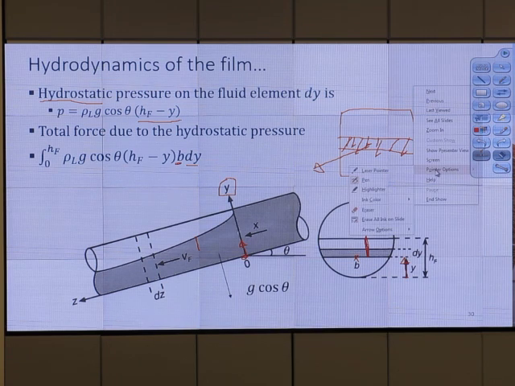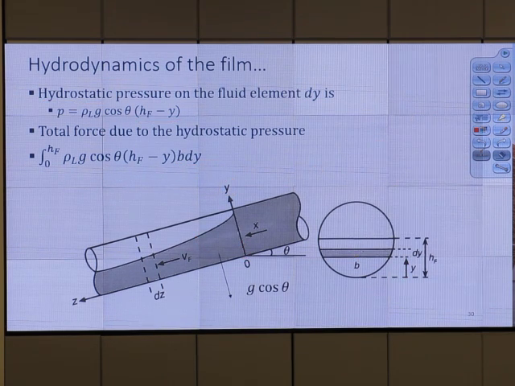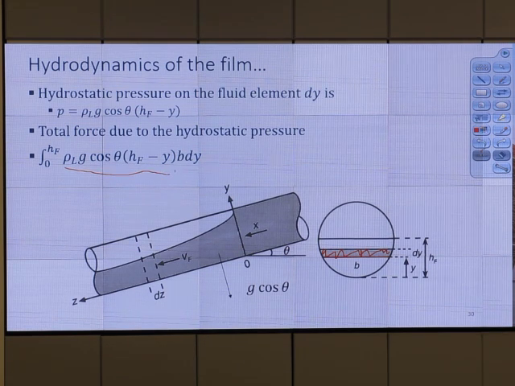B dy, where dy is this thickness and B is this length. B dy is that small area, the area that pressure acts upon to act on another fluid element. So pressure multiplied by area.